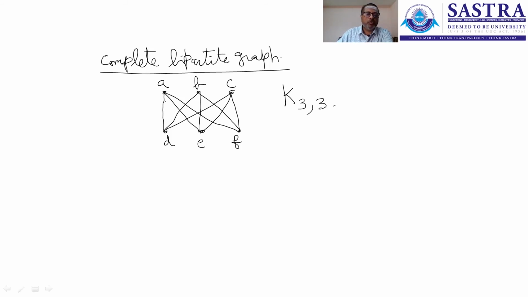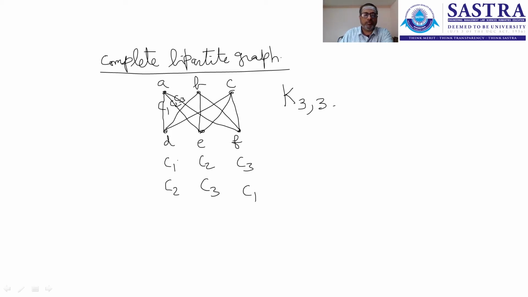Now I can give 3 colors, C1, C2, C3. Here C1 is already fixed. C1 has been used, here I have used C2, here I have used C3. Now for BD I give C2, for BE I give C3, and for CF I give C1.